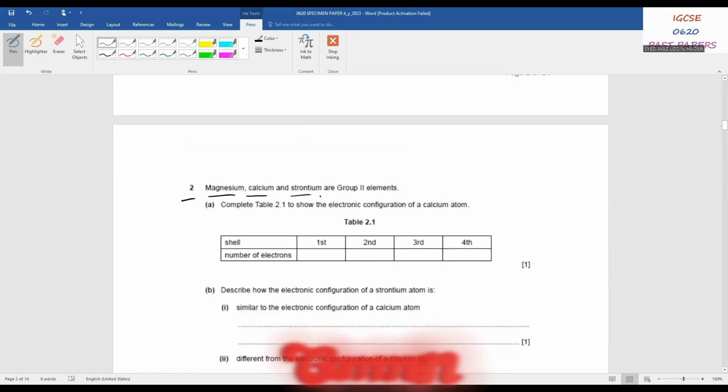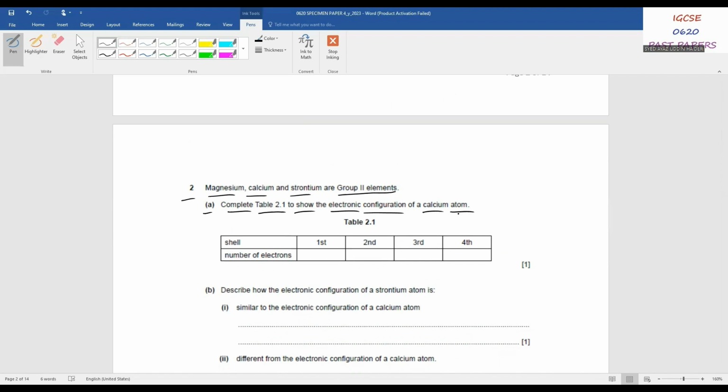Magnesium, calcium, and strontium are group 2 elements. A. Complete table 2.1 to show the electronic configuration of a calcium atom. You should know the proton number of calcium in order to write the electronic configuration. The proton number of calcium is 20.